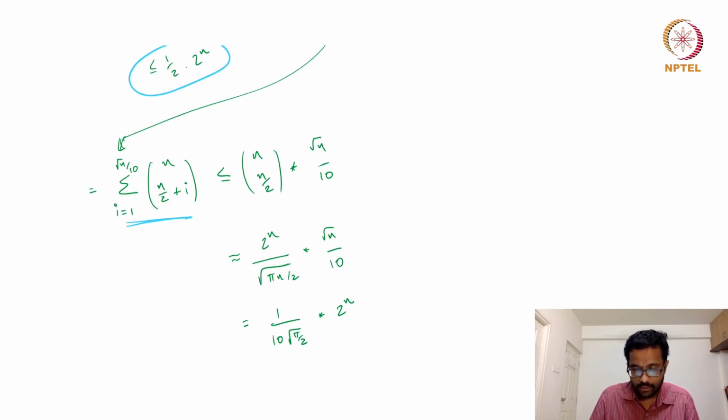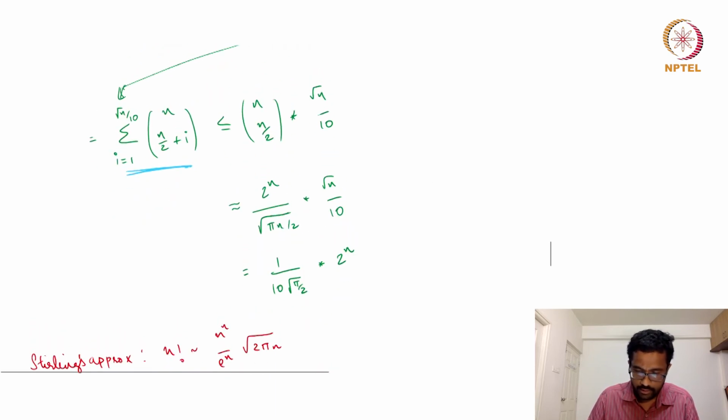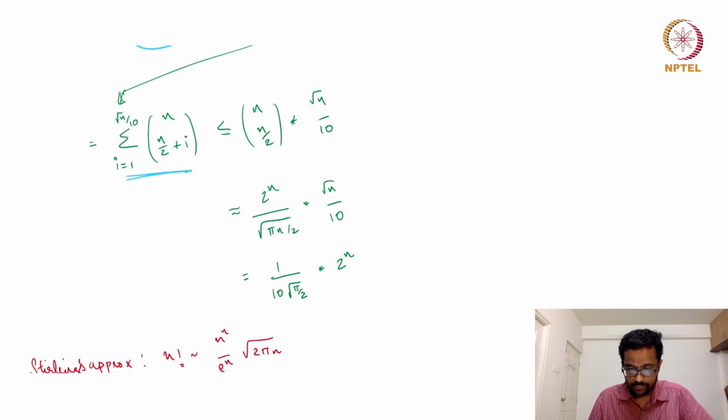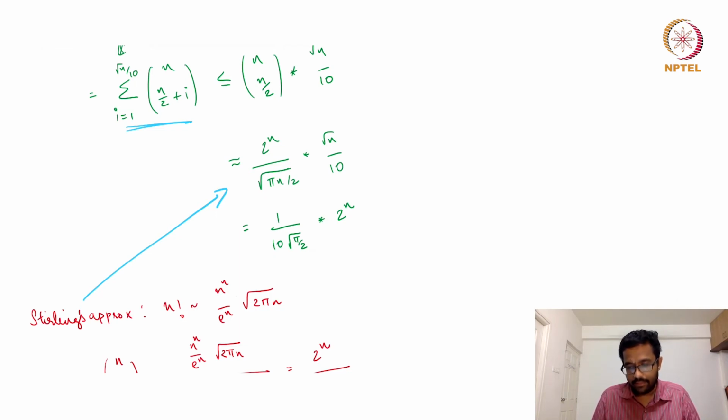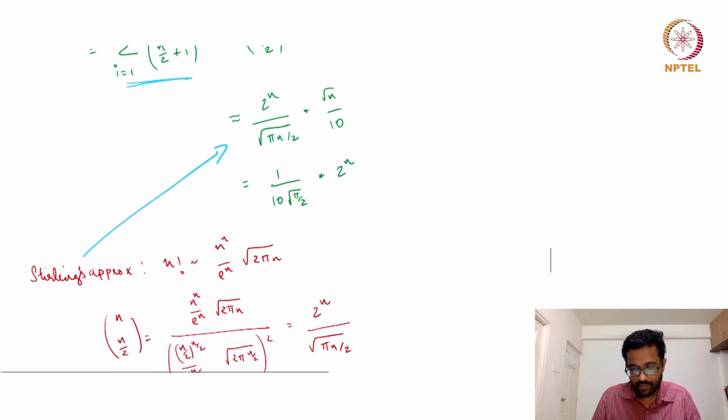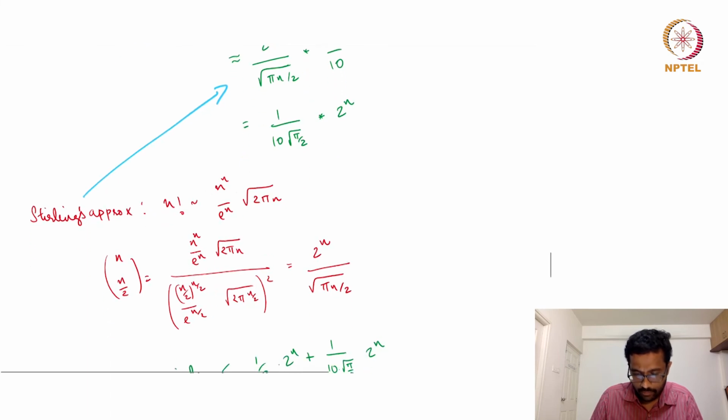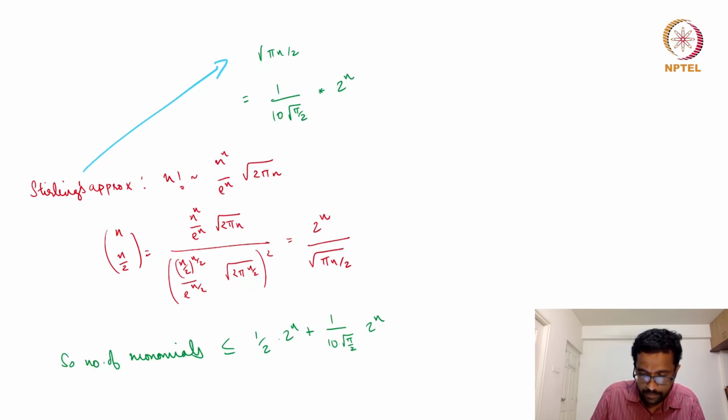And for the middle binomial coefficient, you can use Stirling's approximation here. This is what we have used here. Stirling's approximation states that n factorial is n power n divided by e power n into square root 2 pi n.